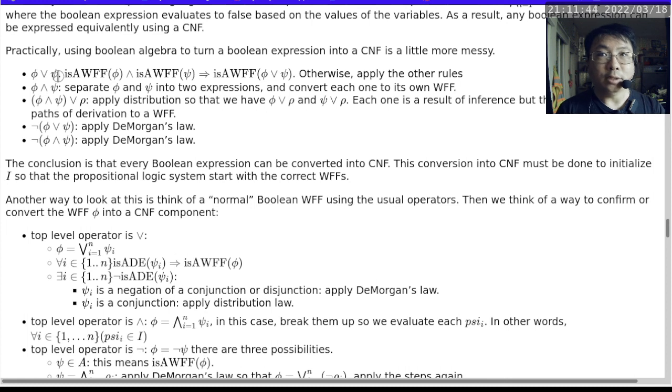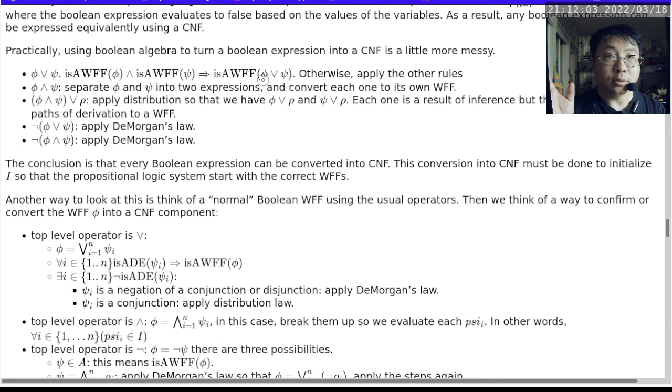Once those two terms become clear, then you can see whether not phi is already a disjunctive element, and also check whether not psi is also a disjunctive element.